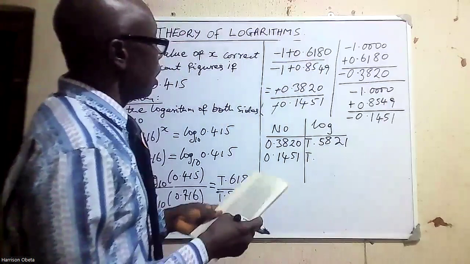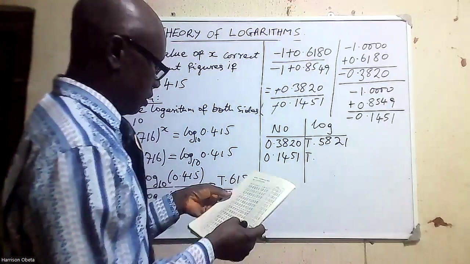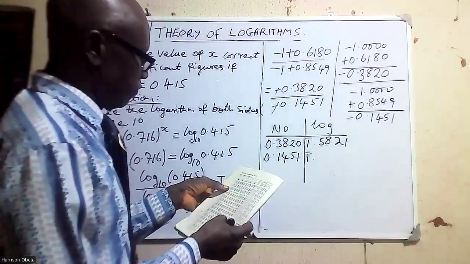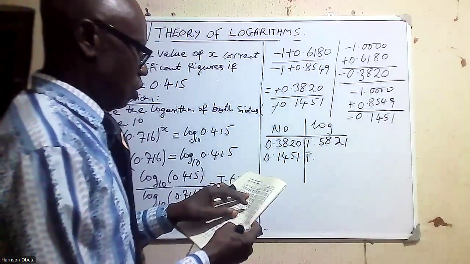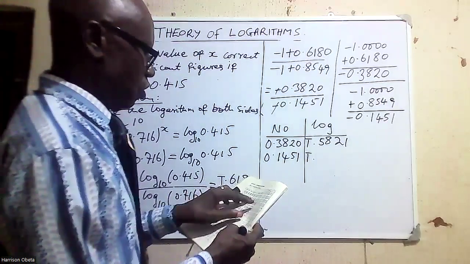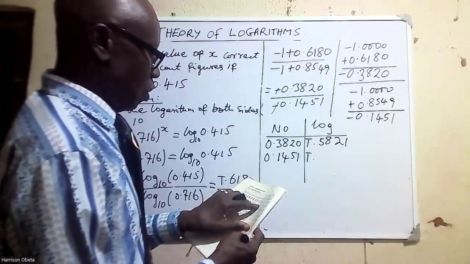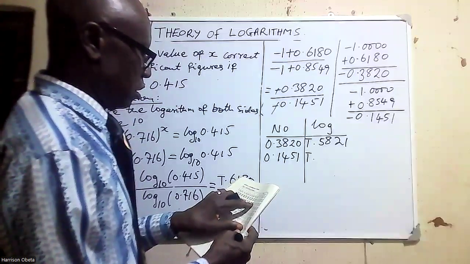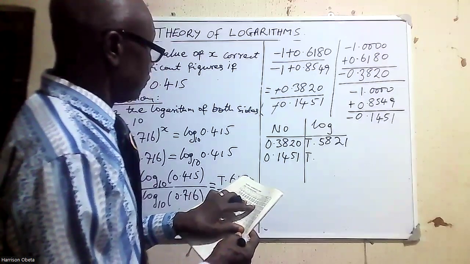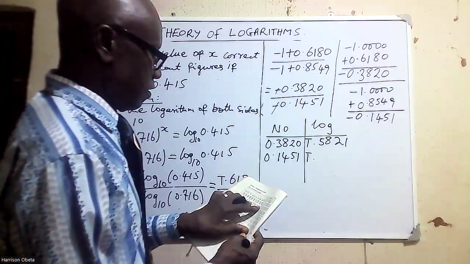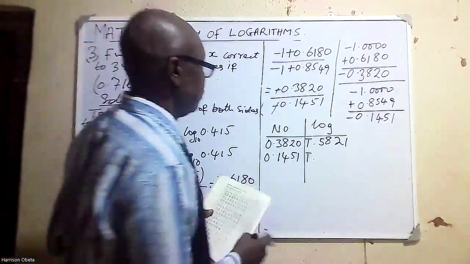Then we now check 14 under 5 difference 1. 14 under 5 is 1614. Difference 1 is 3, that is 1617. That's 14 under 5, difference 1 is 3. 1617.